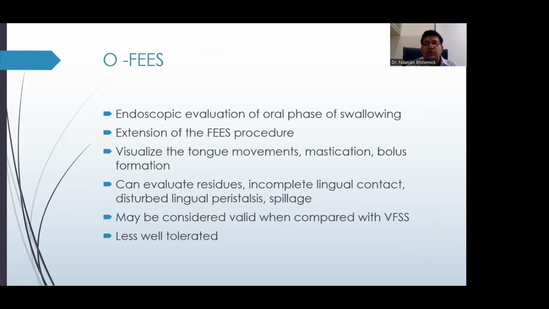So what has been devised is an extension of the FEES procedure, wherein the endoscope is taken through the nose, and once it has reached the oropharynx, the scope is retroverted in a way to get a retroverted image of the oral cavity, and then the patient is given feeds.